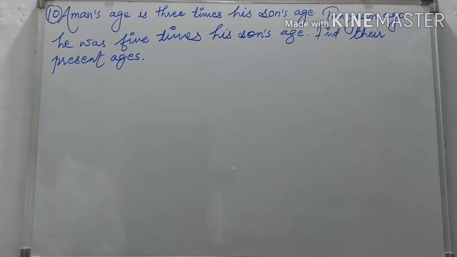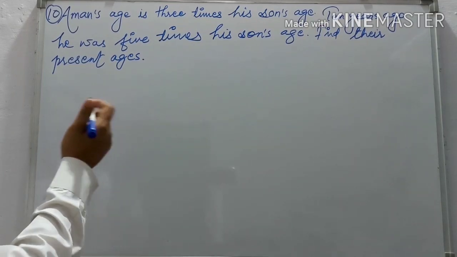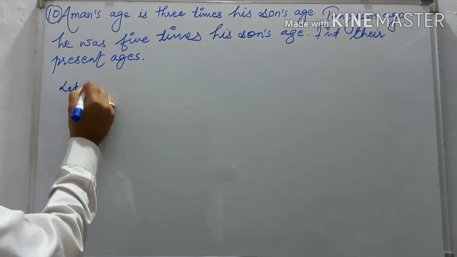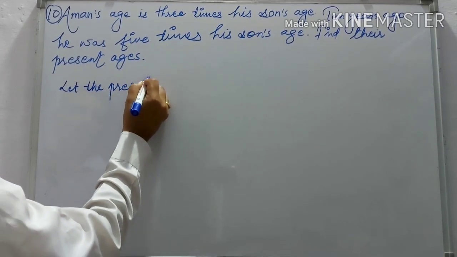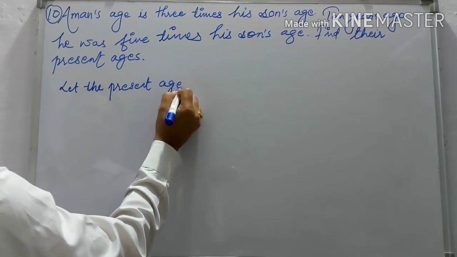Before 10 years means you subtract, and after 10 years means you add. Okay, so that 10 years ago he was 5 times his son's age. So let the present age of Aman's son be x.